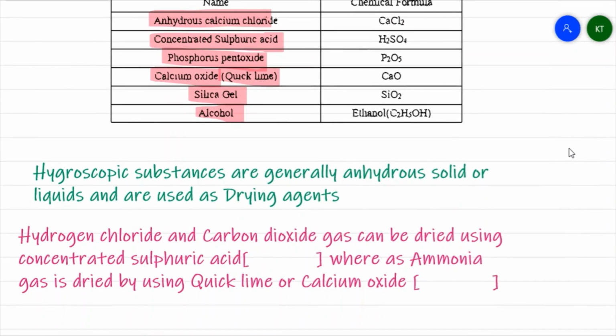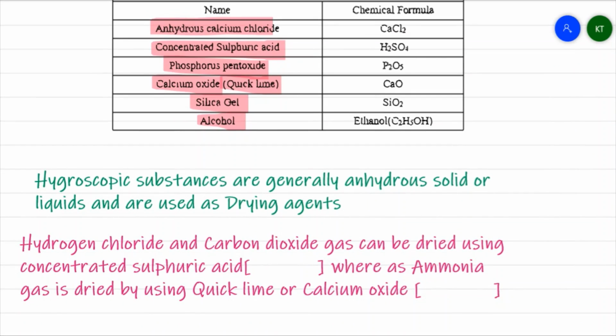Hygroscopic substances are generally anhydrous solids or liquids. Anhydrous calcium chloride is solid, concentrated sulfuric acid is liquid, P2O5 is solid, calcium oxide is solid, silica gel is solid, and ethanol is liquid. These are the substances which show the property of hygroscopy.